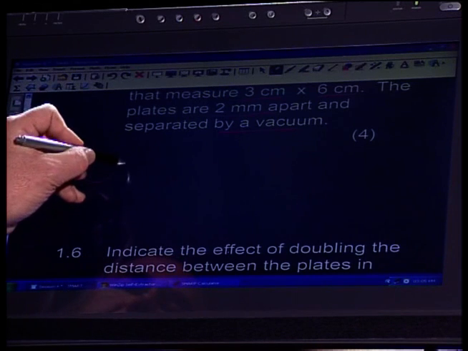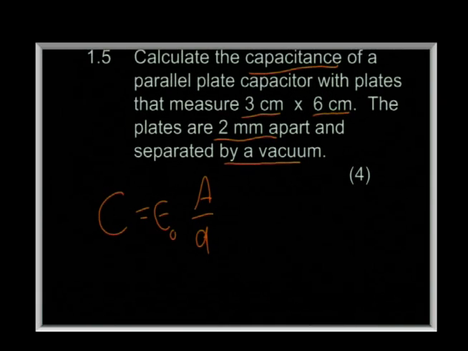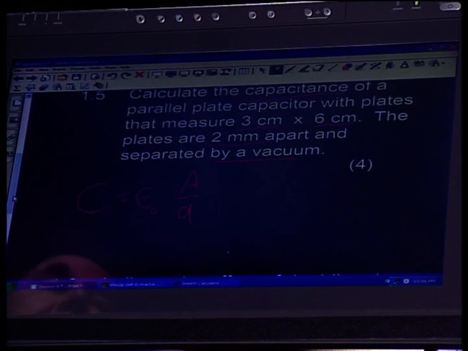So what's the formula we're going to use? C is equal to E naught, permittivity of free space. That's going to be in a vacuum. It's always there. We'll look up that value on the data sheet. Then you're going to say it's the area divided by D. Now, to work out the area, we need to change to SI units.